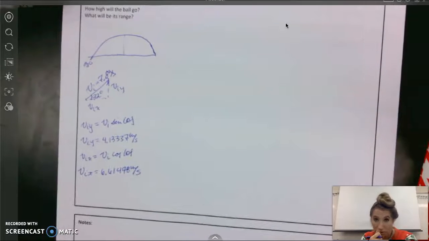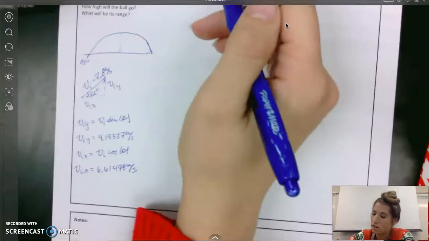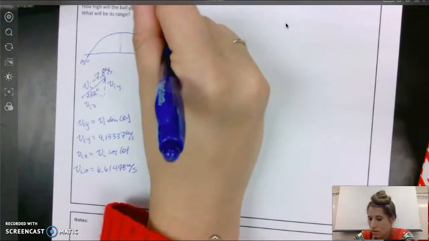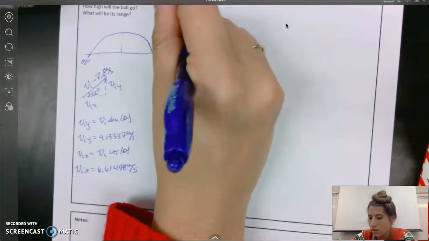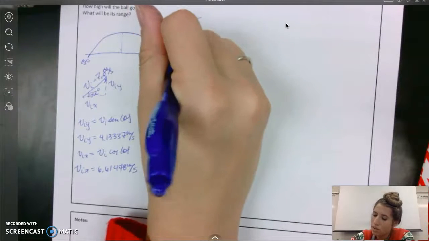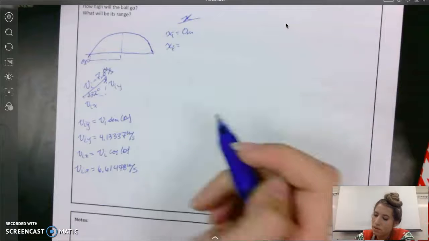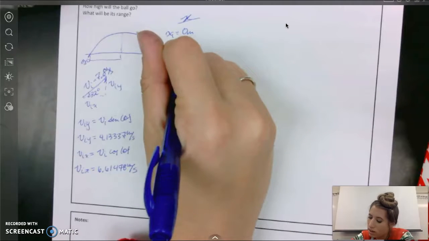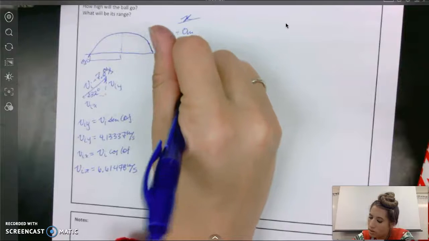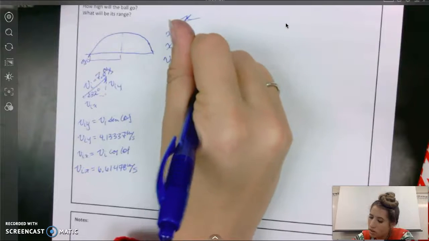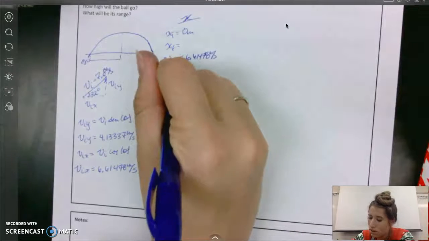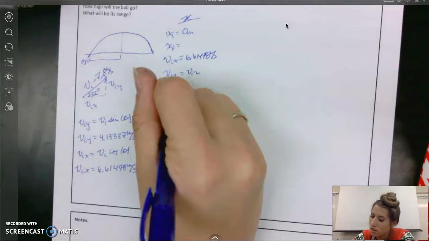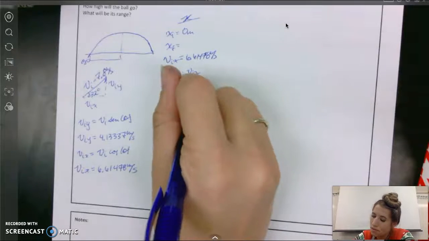Now let's make our lists of knowns and unknowns. So in the x direction, x initial is equal to 0. X final, we don't know that distance, right? Velocity initial in the x we just calculated. Velocity final will be the same. Acceleration is equal to 0.